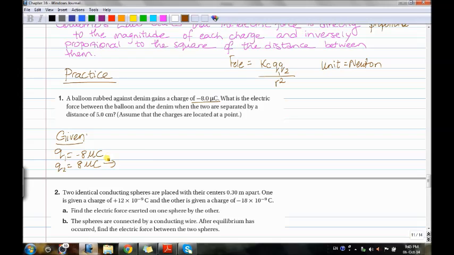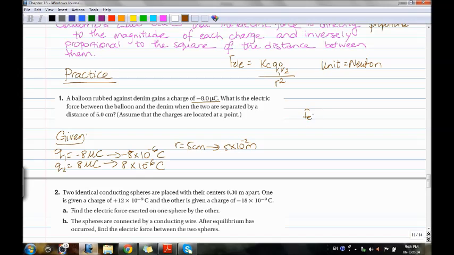We remember that micro is times 10 to the power of -6. So it's going to be -8 times 10 to the power of -6 coulomb, and here it would be positive coulomb. Okay, and the R is 5 centimeters, so 5 times 10 to the power of -2 meters.